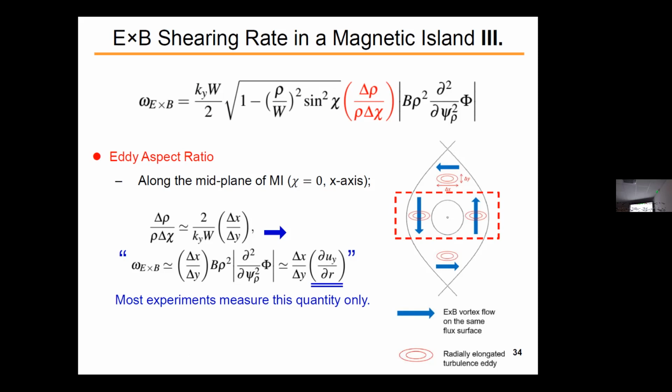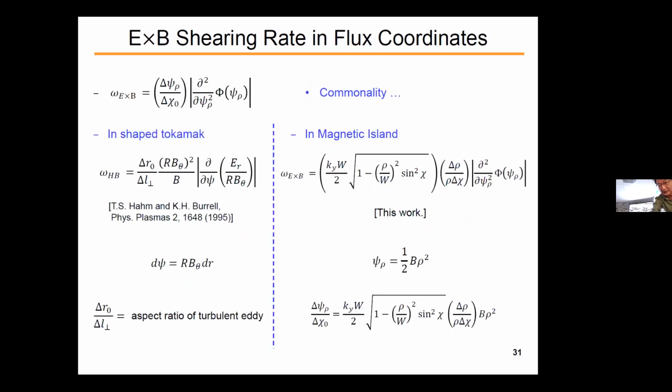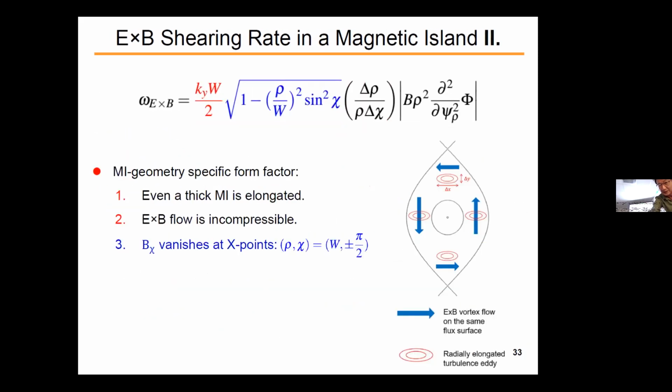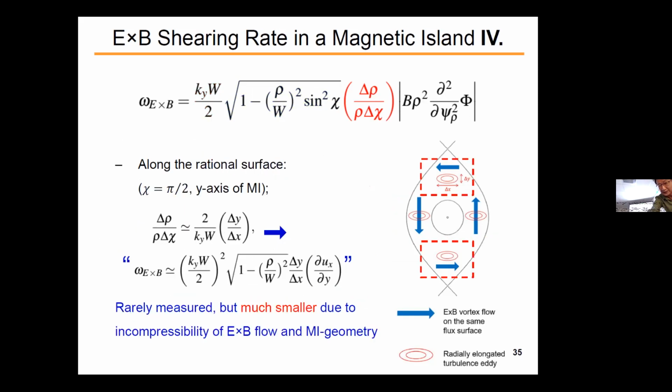And we are talking about only this term, okay, the last factor. So when we want to interpret the experimental data, it makes more sense to think about geometric corrections further.